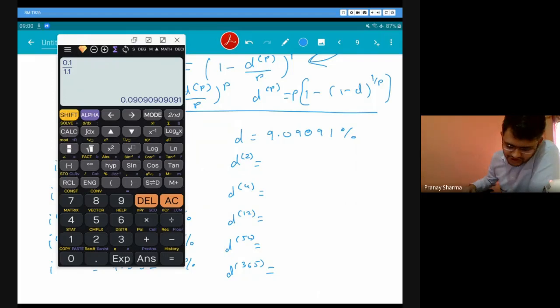As soon as I press shift and press RCL, you will see that there is an STO written at the top of our calculator. That STO says that we are ready to store this value. Where do we want to store it? We can store it only in this A, B, C, D, E, and F.